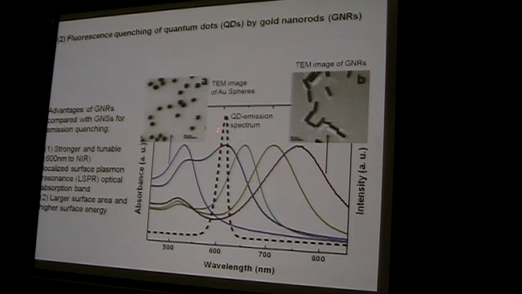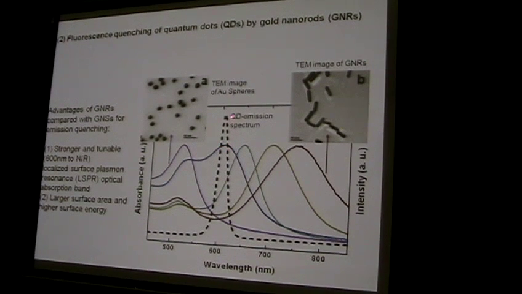And the quenching effect we have studied and found that when the spectrum of the quantum dots overlaps to a maximum extent with the gold nanorod extinction absorption spectrum, it will cause the maximum quenching effect.